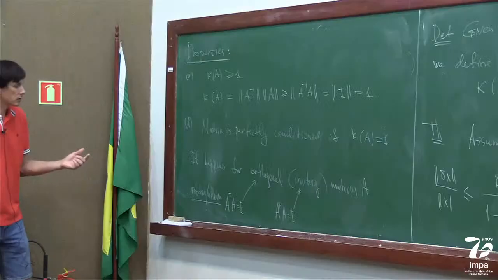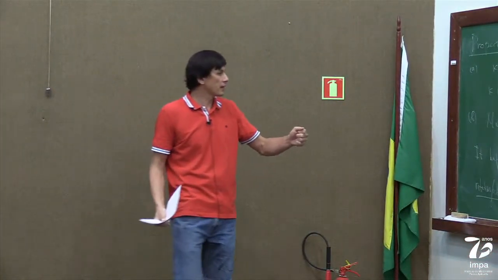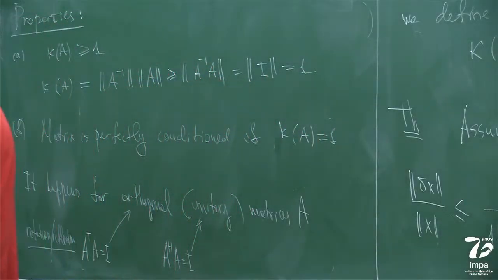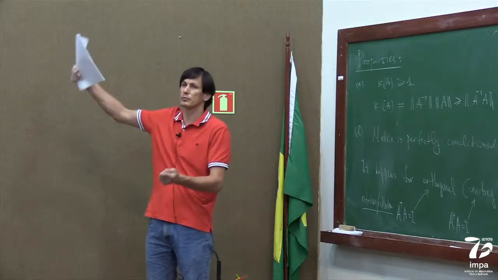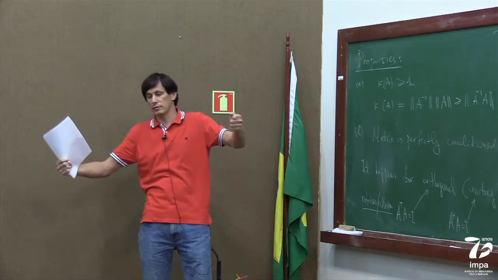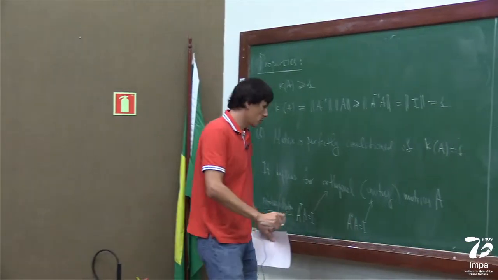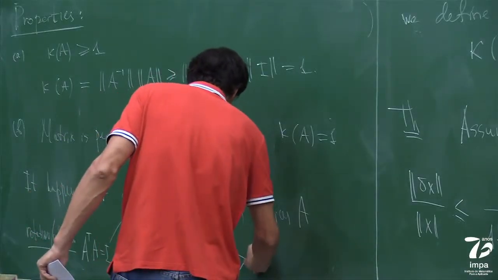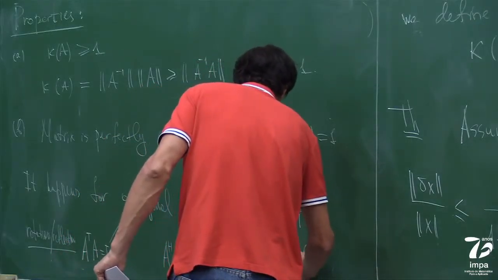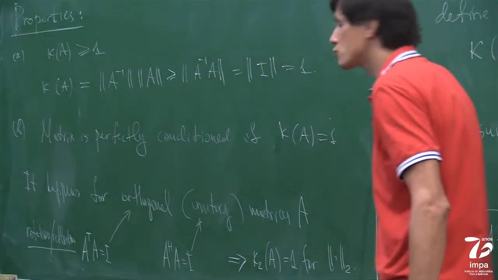And in that case, it's logical that you just rotate the vector by this matrix in order to get b. So if b has a certain error, the error in x will be the same as the error in b, because you don't stretch anything. You just rotate. Whatever error was in b, by back rotation it will be the error in x. So in this case, kappa 2 of A is 1, for the usual Euclidean norm.